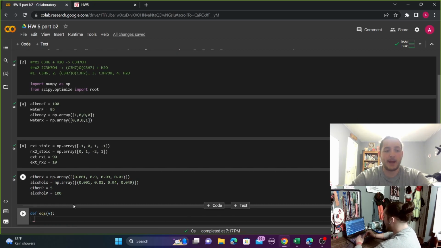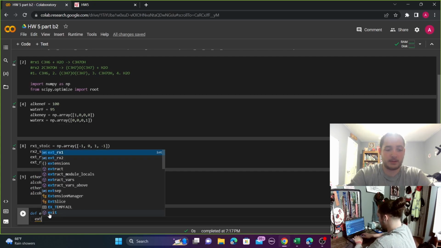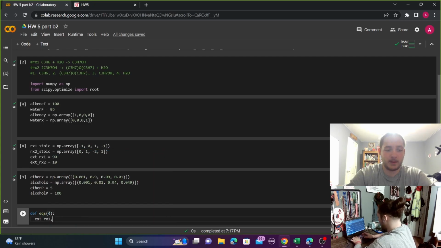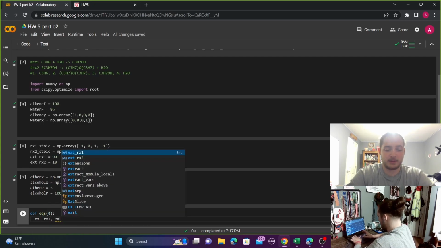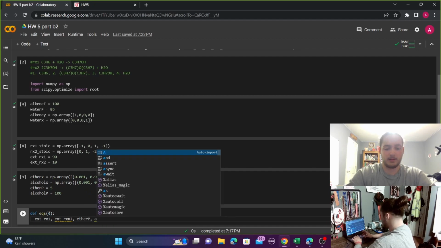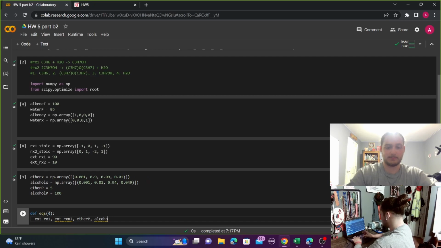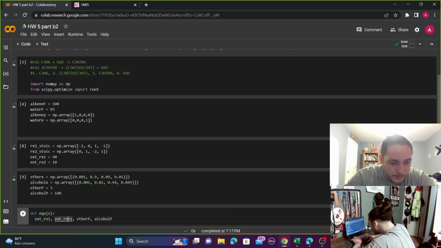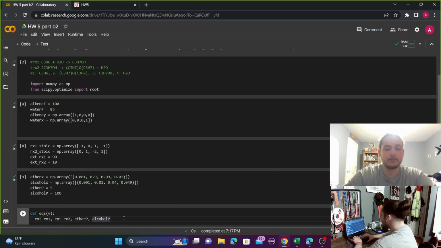Next we need to unpack all of our different unknowns and knowns into our v here. So we can do that by starting with extent of reaction 1, and then extent of reaction 2, and then ether product and alcohol product, and we can set this equal to our v.